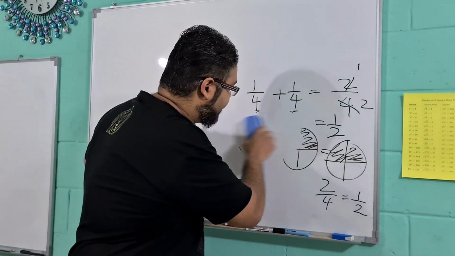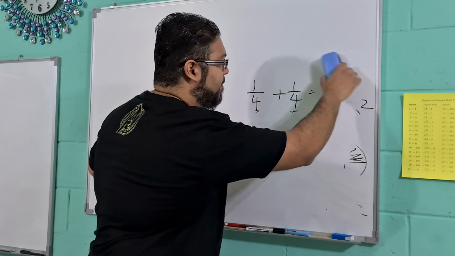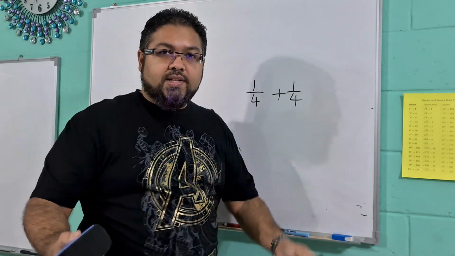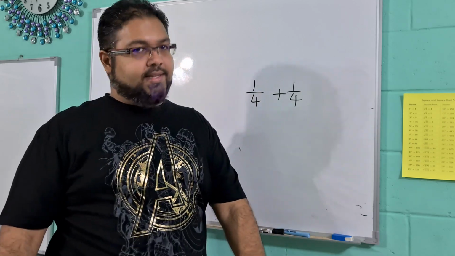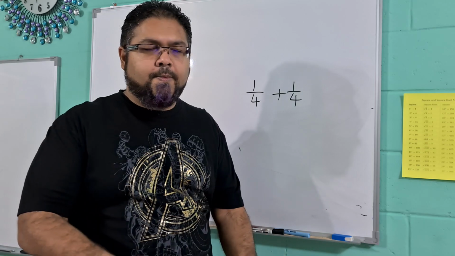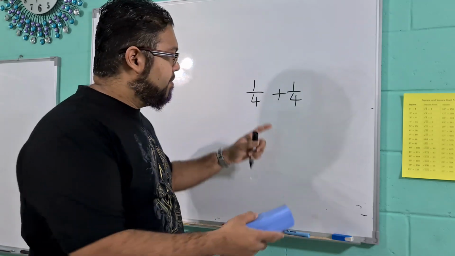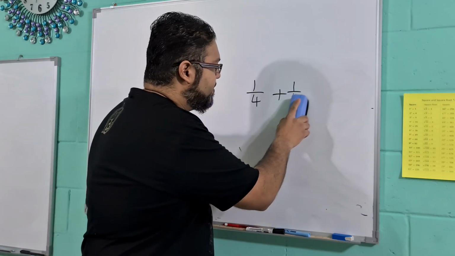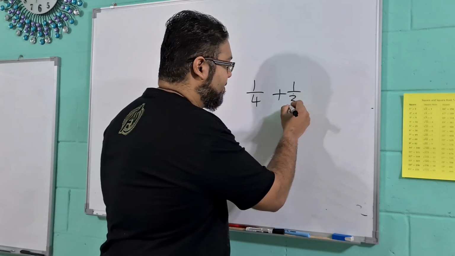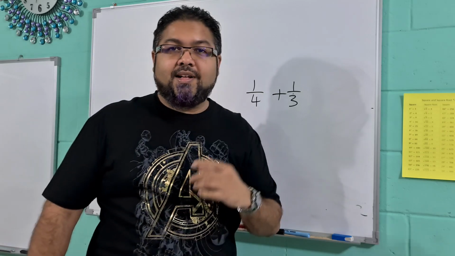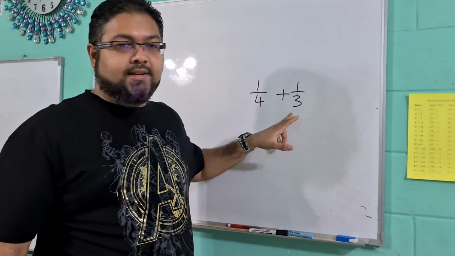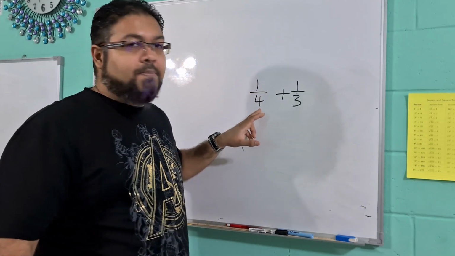So instead of adding a quarter and a quarter, let's change this up a bit. Let's just use a random number. We change this quarter to 1/3. Now, the plot thickens. This is 1 out of 3 equal parts, and this is 1 out of 4 equal parts.